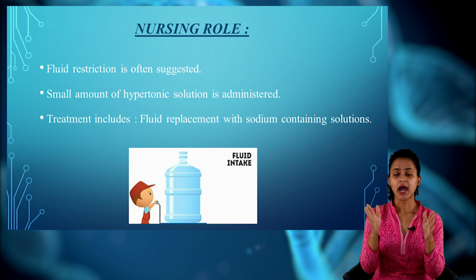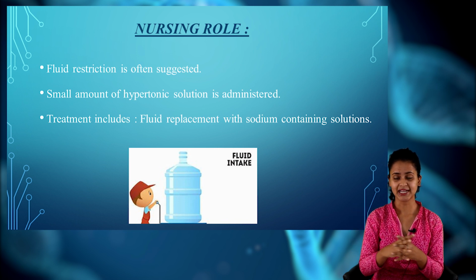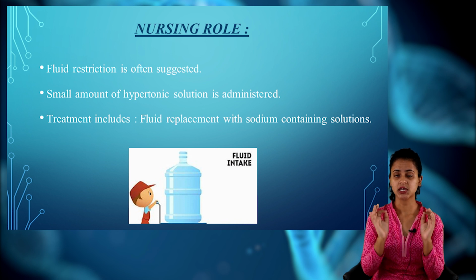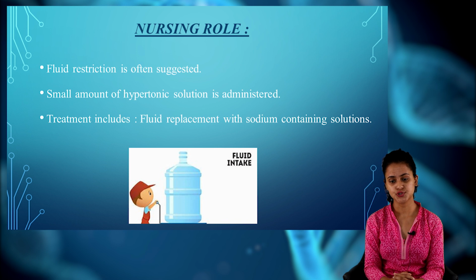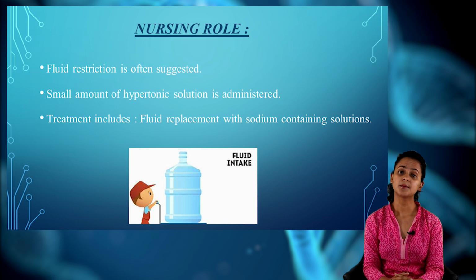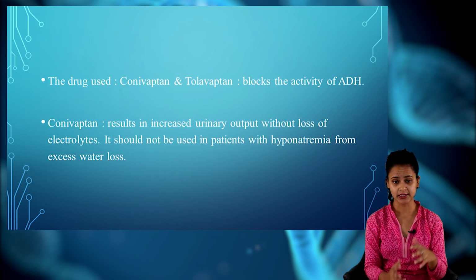A small amount of hypertonic solution often will be administered for a client with hyponatremia with continuous monitoring. Treatment often includes fluid replacement with sodium-containing solution. That is the reason the person will often be administered a hypertonic solution. Now, certain drugs can be used here depending on the client's condition.